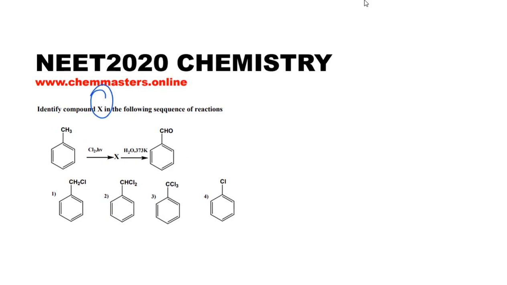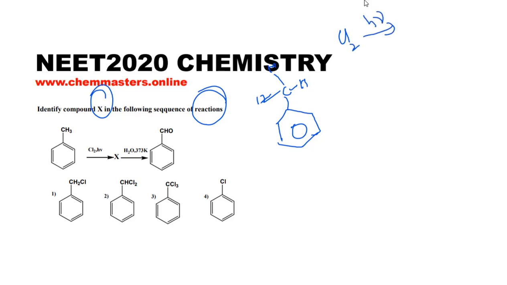Identify compound X in the following sequence of reactions. So in the first step, what happens? Here CH3, so Cl2 under photochemical conditions produces chlorine radical.